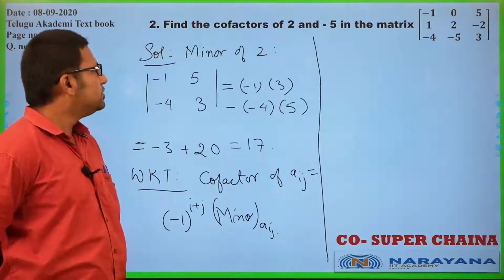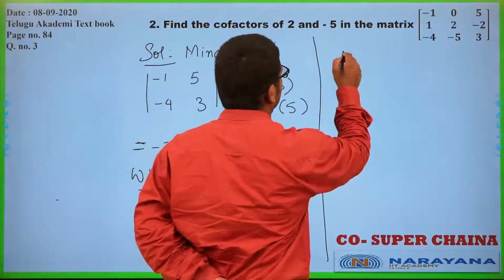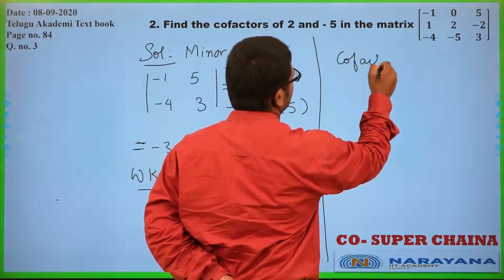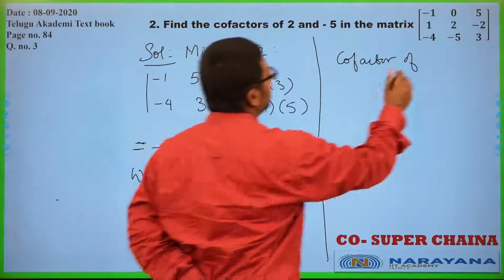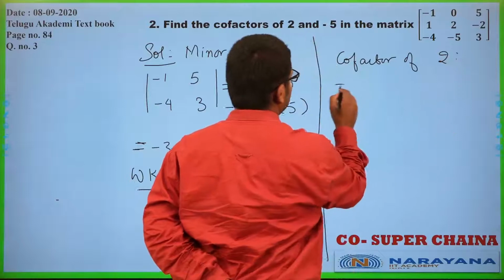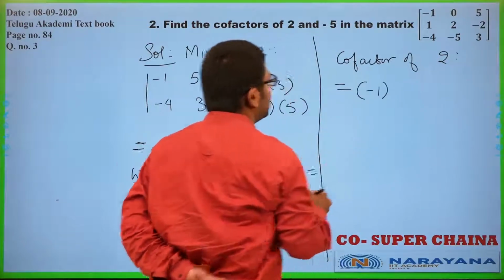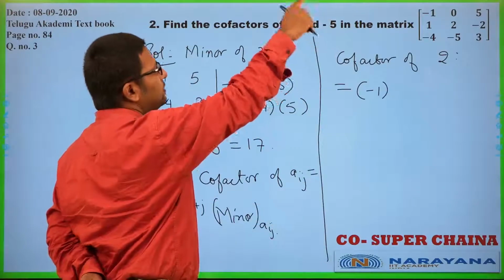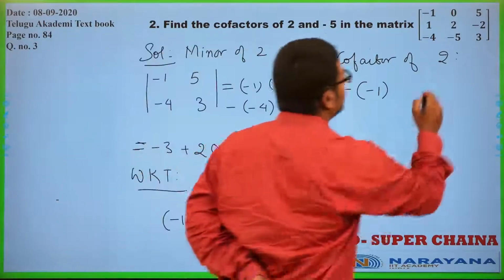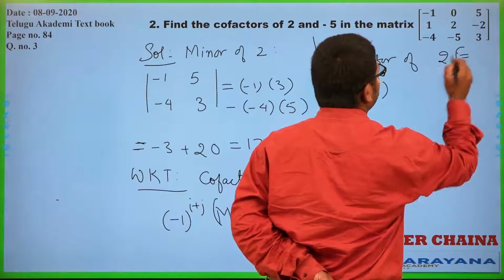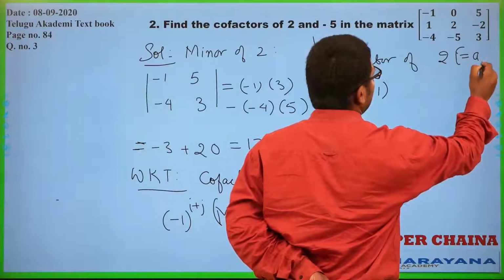So here the cofactor of 2 would be equal to -1 raised to i plus j. 2 is in the second row, second column, so 2 is equal to a22.